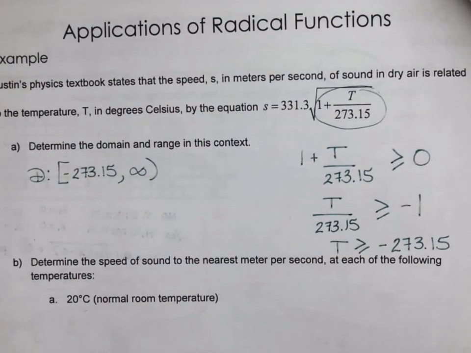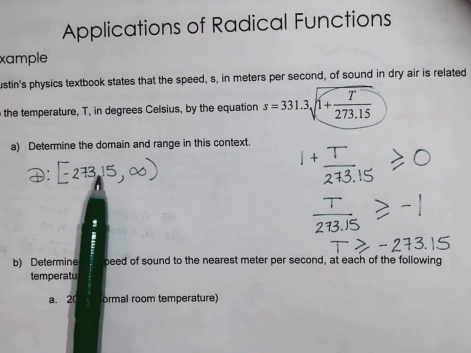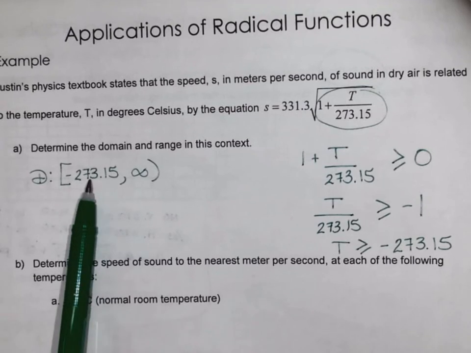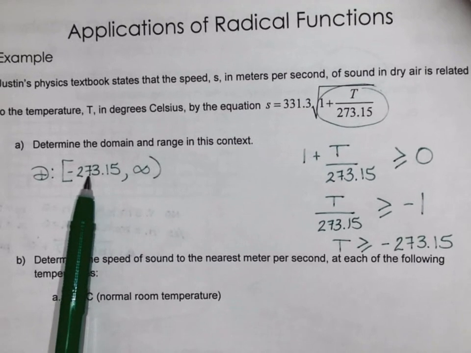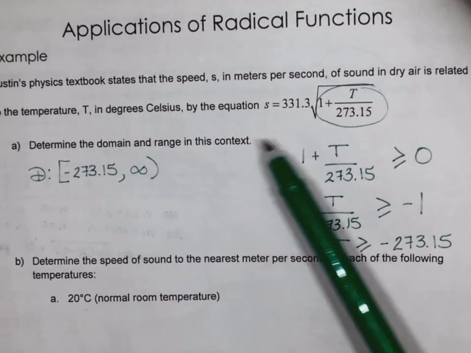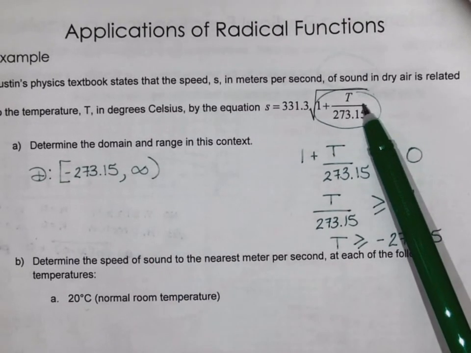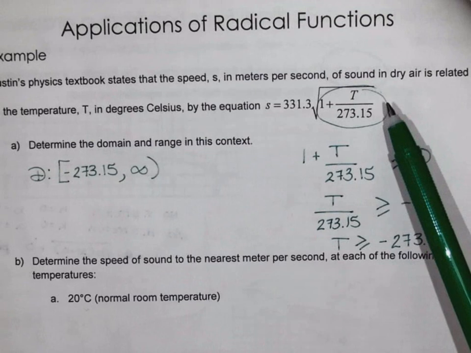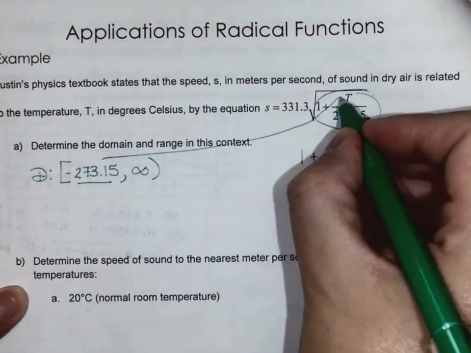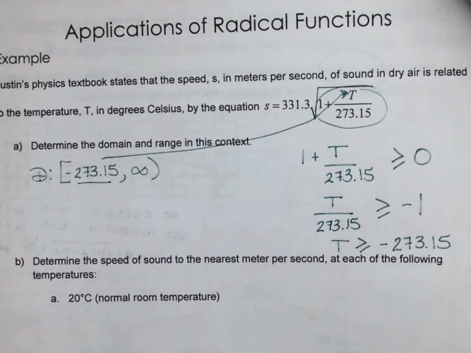How do you find the range though? Okay. So the range is going to be this point, right? Everybody agree with that? Well, the range is going to start where, like we need to figure out what the range is at this point for the new starting point. So if I substitute this value in for t, what do I get for s?